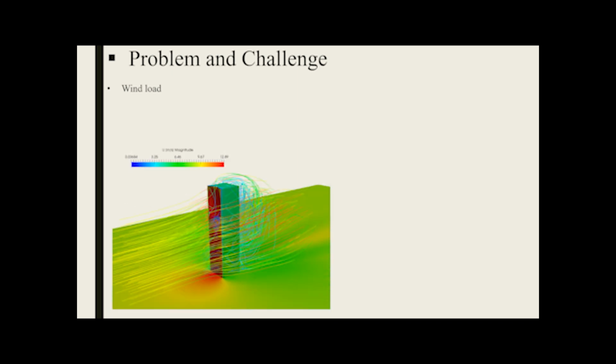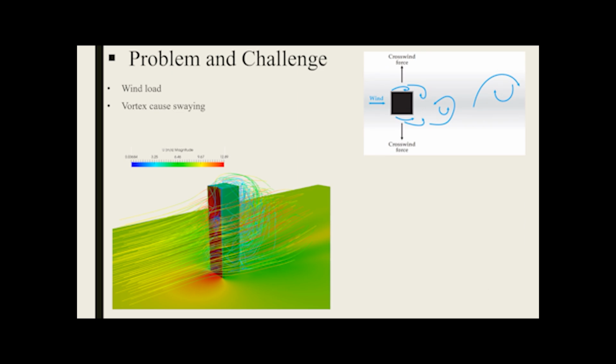This is how the wind works. When the wind flies by, it creates a high pressure zone and a low pressure zone, and this can cause a phenomenon called a vortex, which can cause the building to sway. This phenomenon is like water causing a ship to sway.